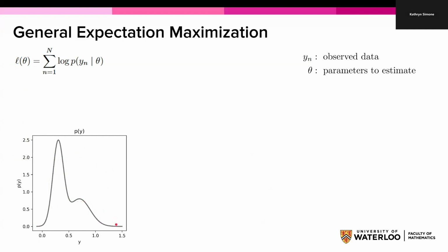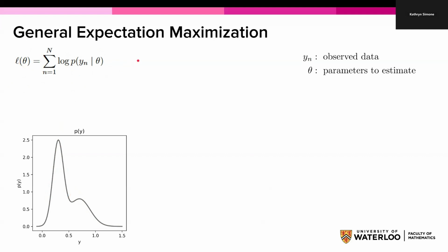To say that another way, our density function was a sum of Gaussians. So it was a Gaussian mixture model. It was a sum of Gaussians, and because that sum was inside this log, it made the log likelihood difficult to maximize.